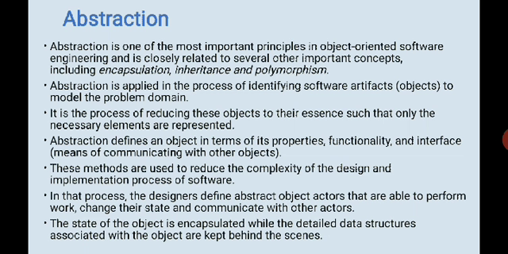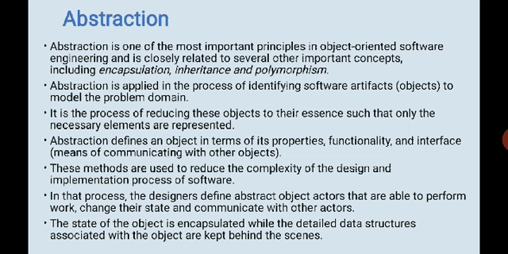Abstraction is applied in the process of identifying software artifacts to model the problem domain, right? It is the process of reducing these objects to their essence such that only the necessary elements are represented, and all the unnecessary elements, or the ones that are not required, will be hidden.